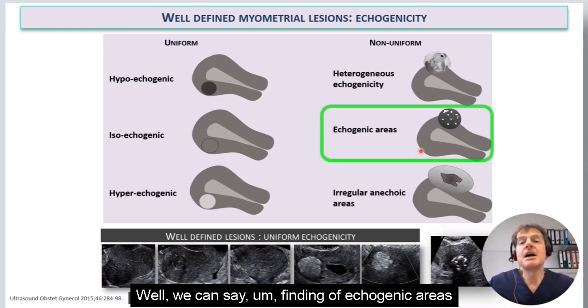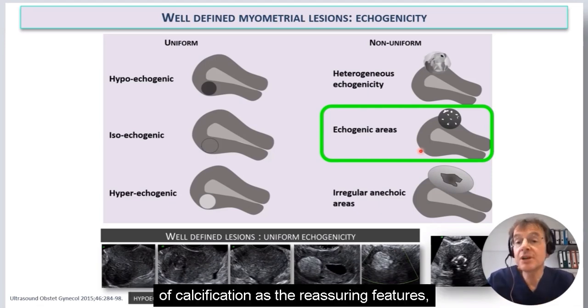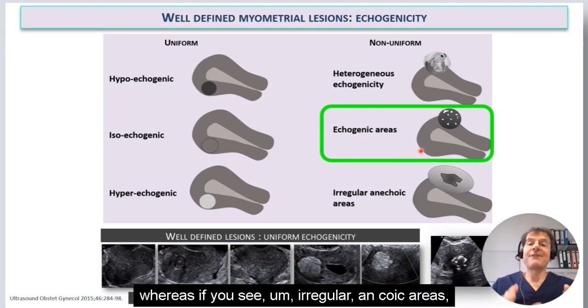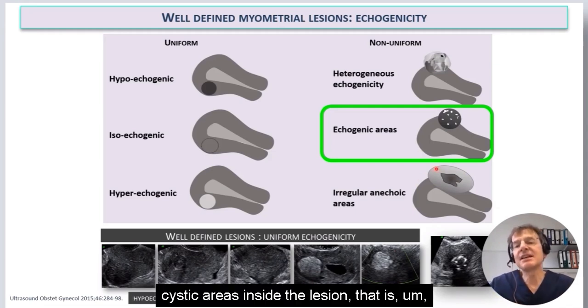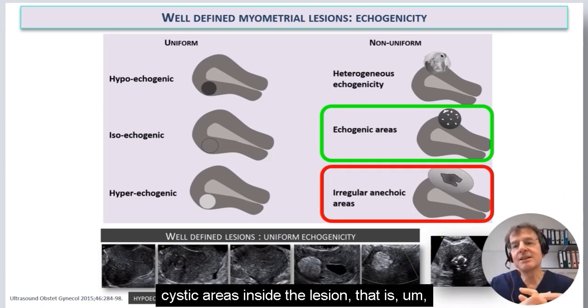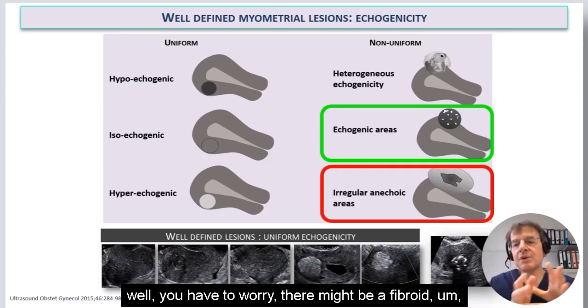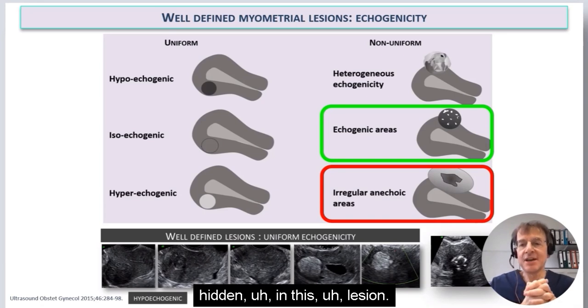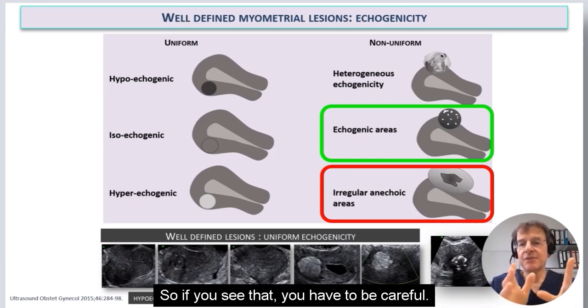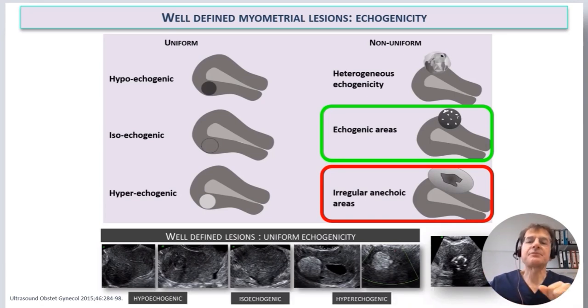Well, we can say finding of echogenic areas of calcification is a reassuring feature, whereas if you see irregular anechoic areas, cystic areas inside the lesion, we have to worry there might be a sarcoma hidden in this lesion. So if you see that, you have to be careful.